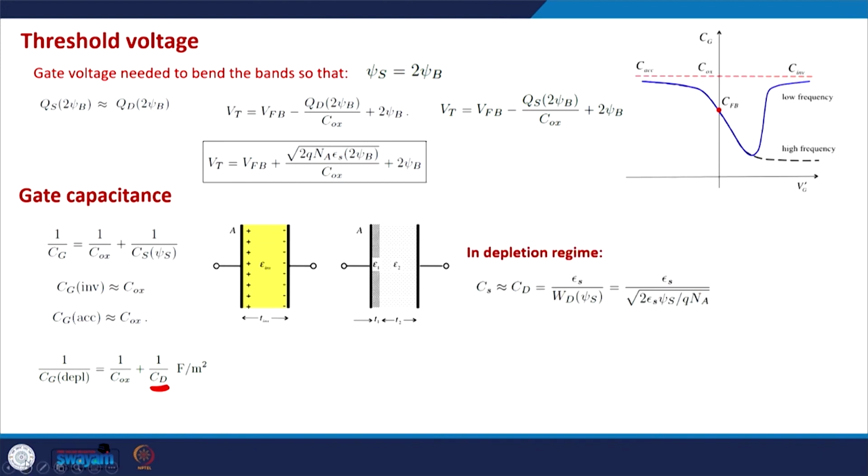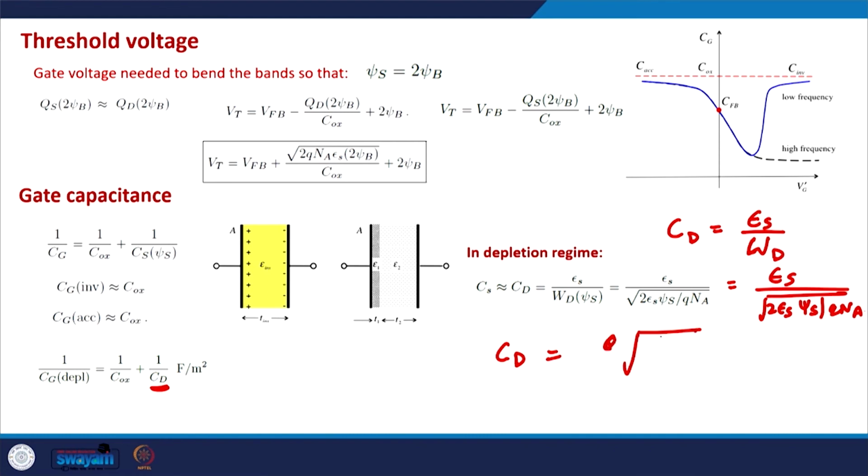The capacitance of the semiconductor will just be epsilon s divided by WD, the depletion width, and the depletion width as a function of psi s is the square root of 2 epsilon s psi s divided by QNA. So the depletion capacitance will be the square root of epsilon s QNA divided by 2 psi s.